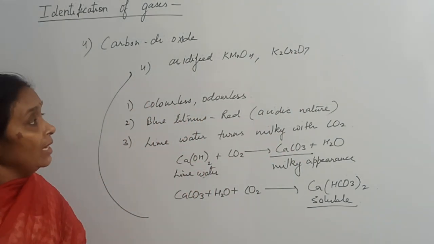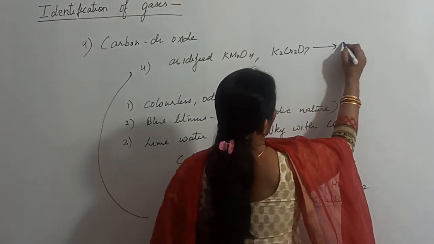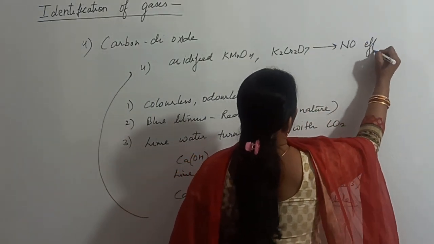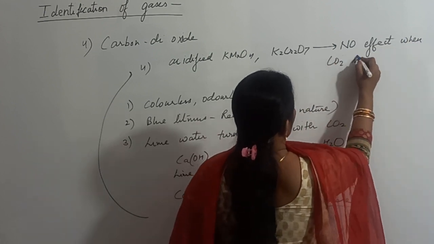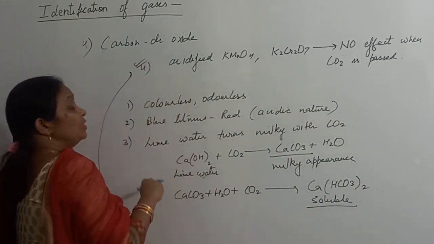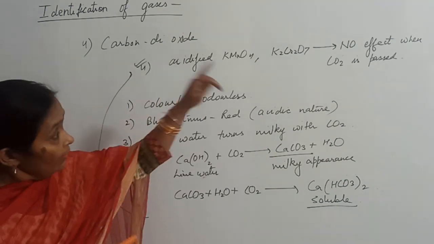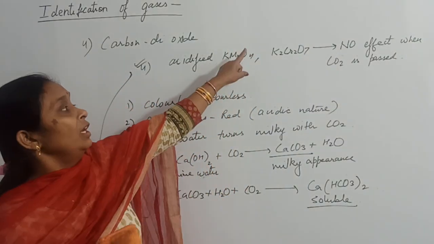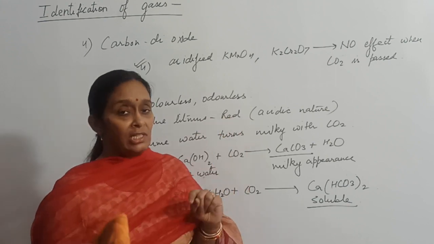Acidified potassium permanganate and potassium dichromate solution have no effect when CO2 is passed. But this is a test which differentiates carbon dioxide from sulfur dioxide, because sulfur dioxide has an effect on KMnO4 and K2Cr2O7. That we'll study in detail in the next class.